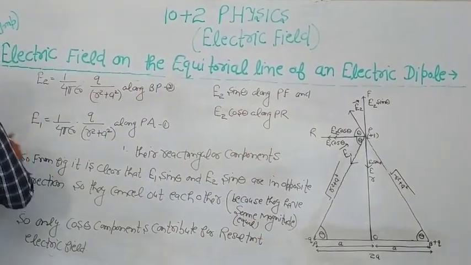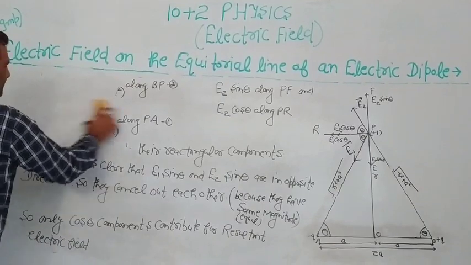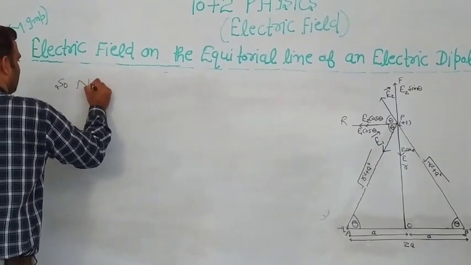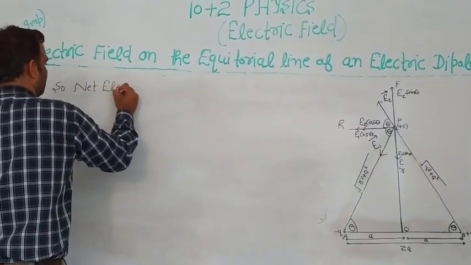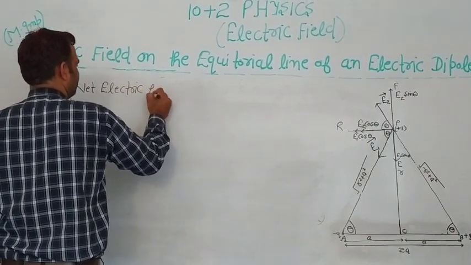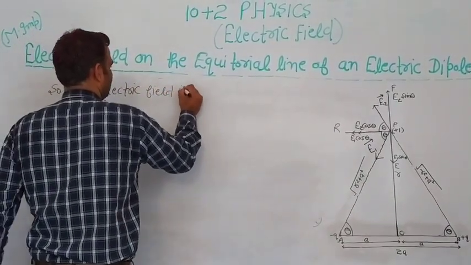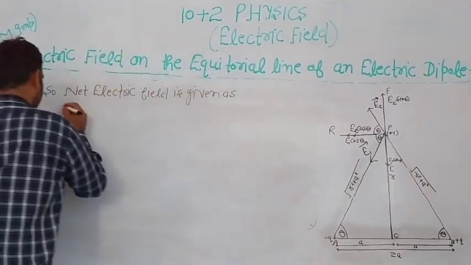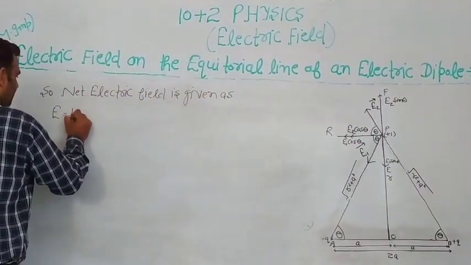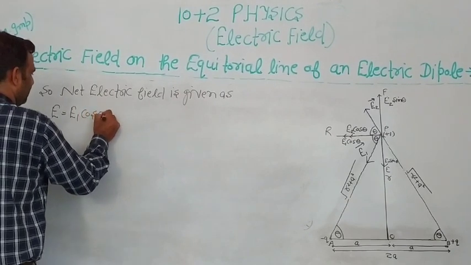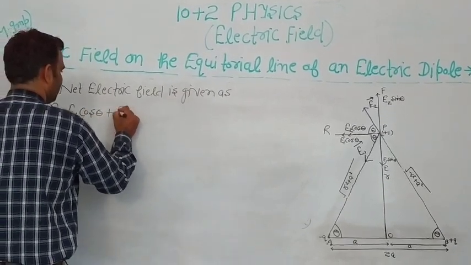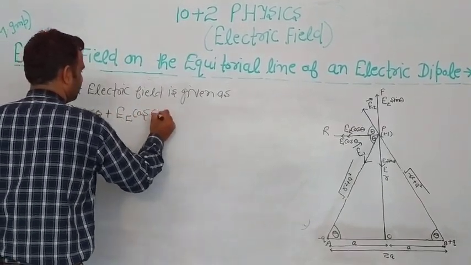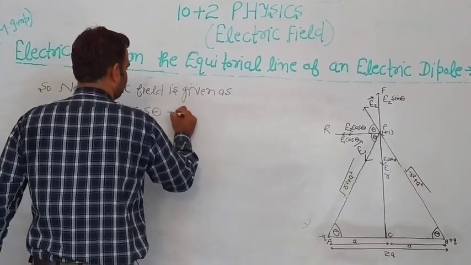So the electric field E is equal to E1 cos theta plus E2 cos theta. This is equation number 3.